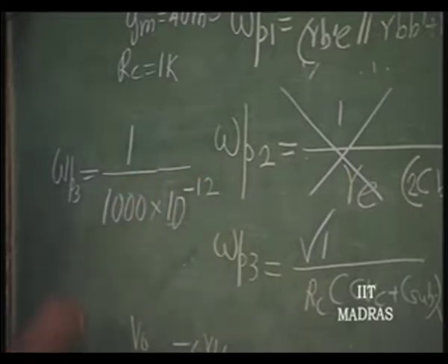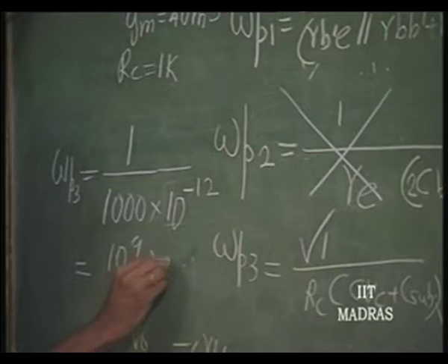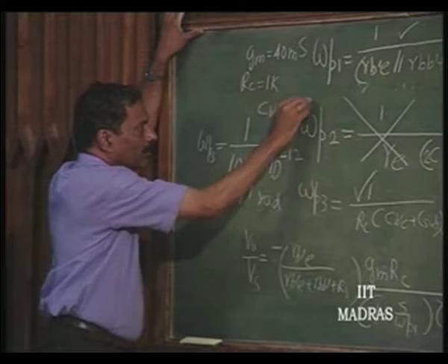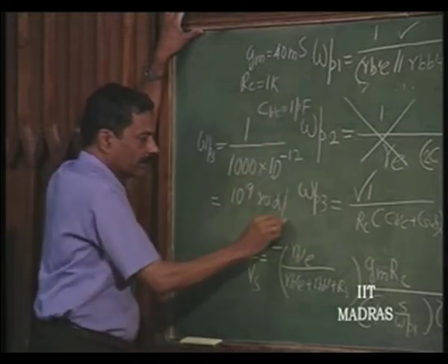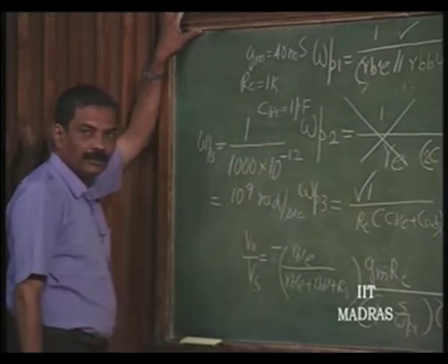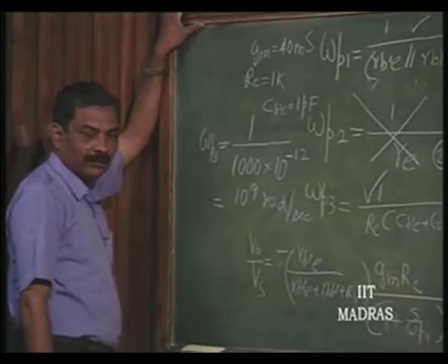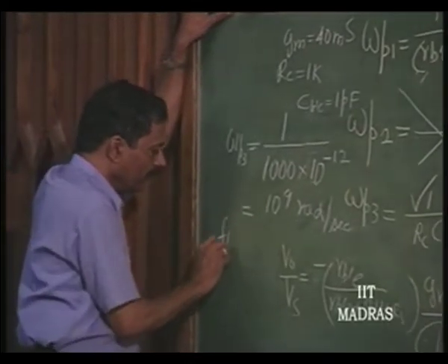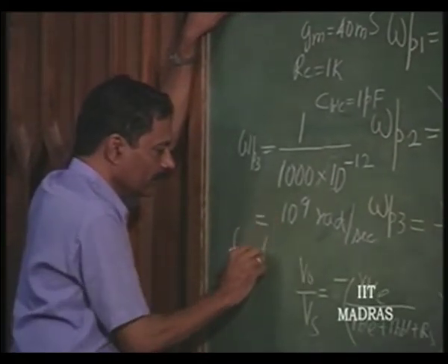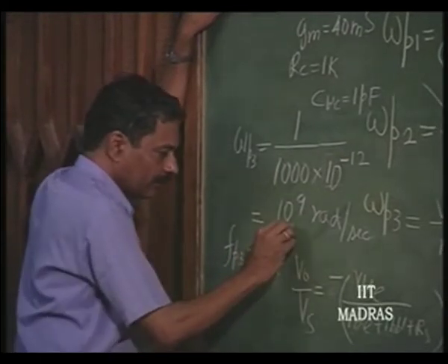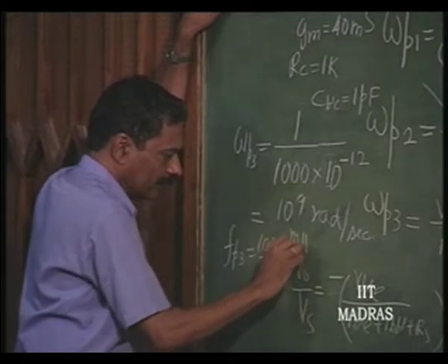we get omega p3, which is 10 to the power 9 radians per second, that is 1000 mega radians per second, or in terms of frequency, fp3 is equal to 1000 by 2 pi megahertz.